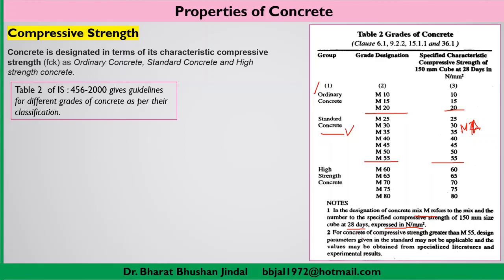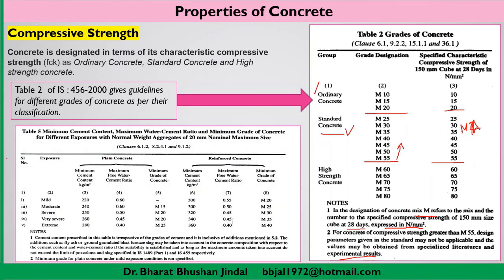Now the second note mentioned in table 2 is that for concrete of compressive strength greater than M55, design parameters given in the standard may not be applicable, and the values may be obtained from special literature and experimental results. So you can say that this IS 456 has application up to M55 grade of concrete.